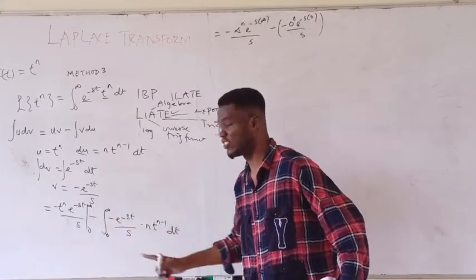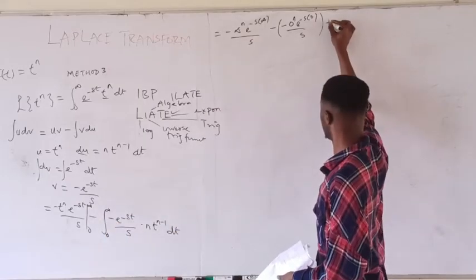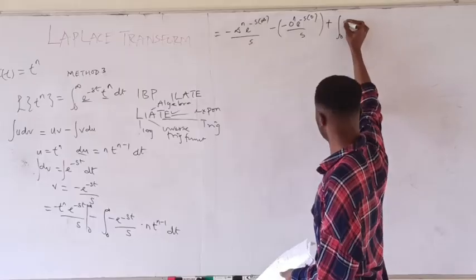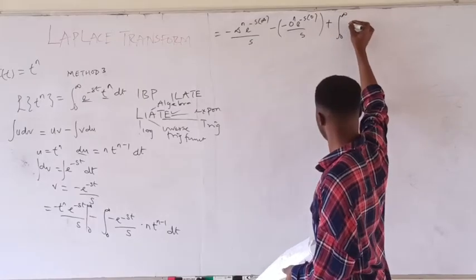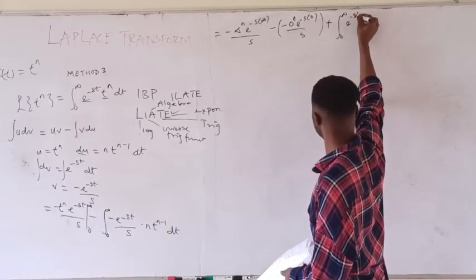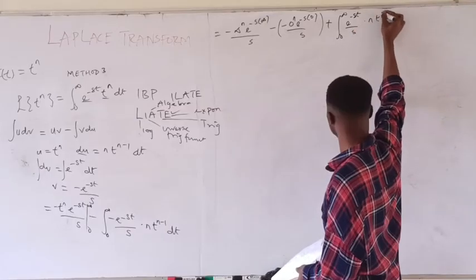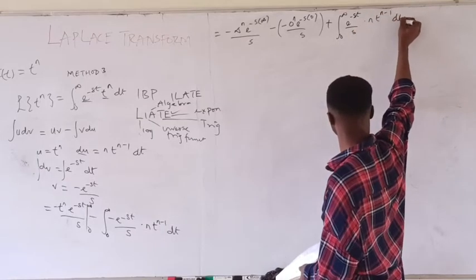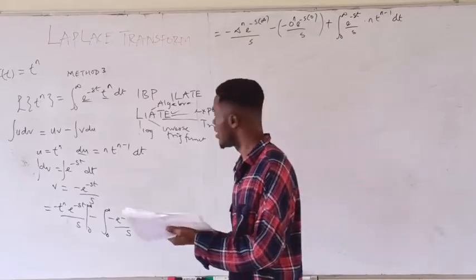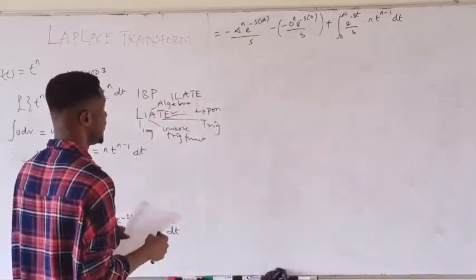Now, minus times minus gives me a positive, plus integral from 0 to infinity of exponential of minus st divided by s multiplied by n t raised to the power of n minus 1 dt. Alright, so this is what we are going to have.